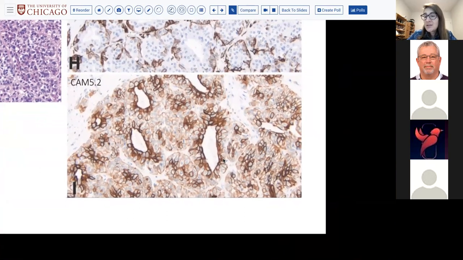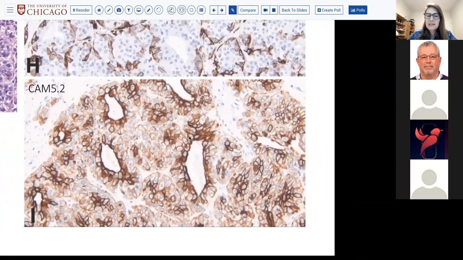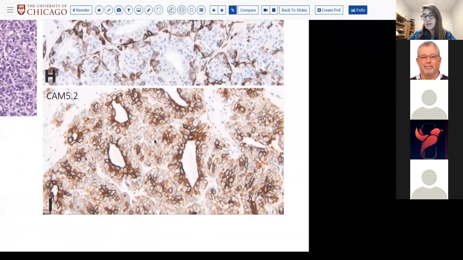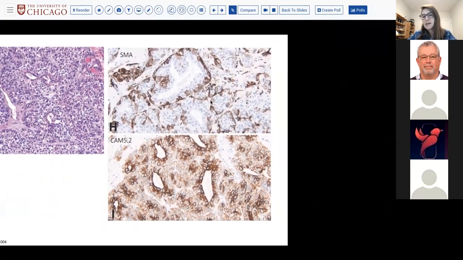The reason why I tend to use c-KIT as opposed to a CK7 or a low molecular weight keratin like CAM is because CK7 or CAM will stain both the epithelial and the myoepithelial. So in this case, the epithelial is stronger and the myoepithelial is weaker. But I tend to think that, interestingly, c-KIT is a little bit cleaner. It stains the epithelial more strongly and really not the myoepithelial or basal at all in most of these cases. So that's why I use c-KIT instead of a CK7 or a CAM, but it's all possible.